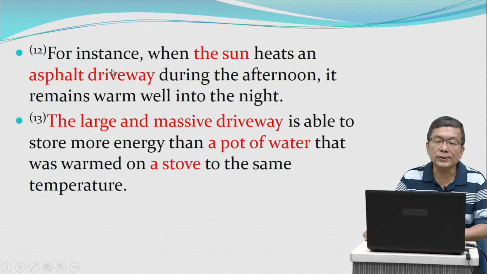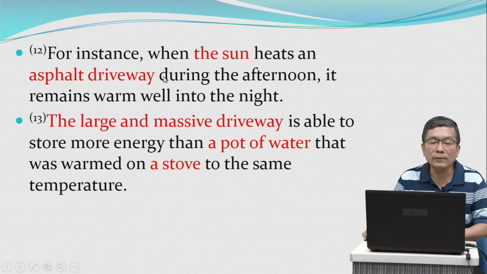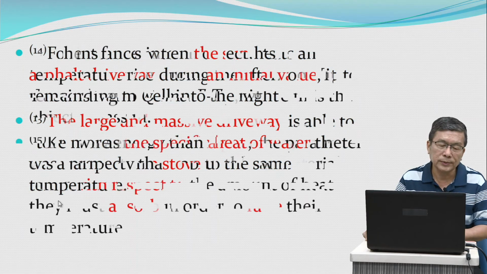For instance, when the sun hits an asphalt driveway during the afternoon, it remains warm well into the night. The large and massive driveway is able to store more energy than a pot of water that was warmed on a stove to the same temperature.